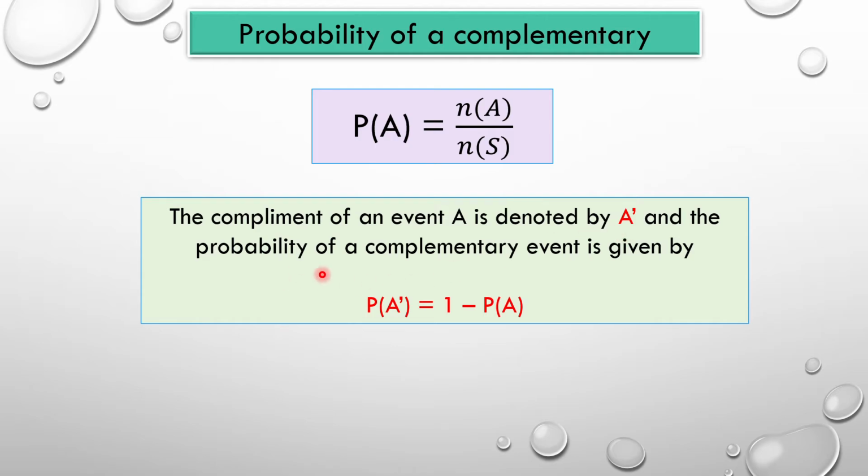And the probability of a complementary event is given by 1 minus probability of event A. So you may write the formula as given here, that is P(A'), that means probability of complementary event A, equals 1 minus P(A).